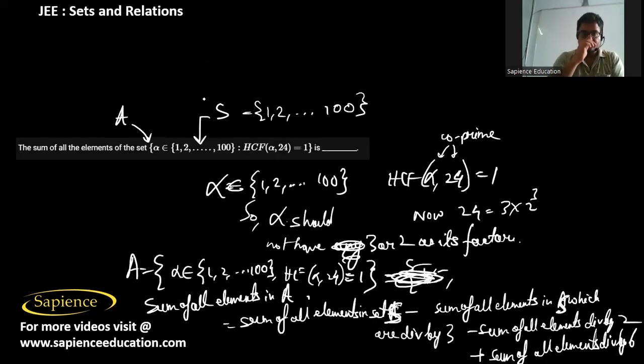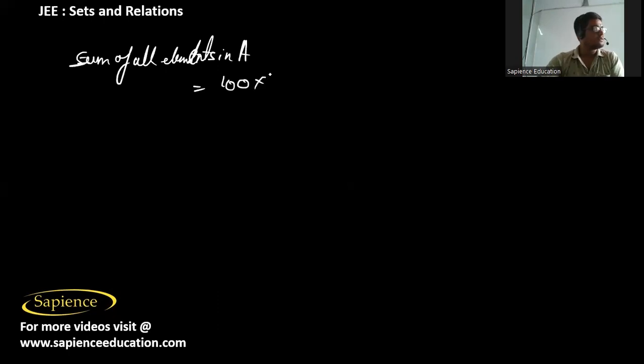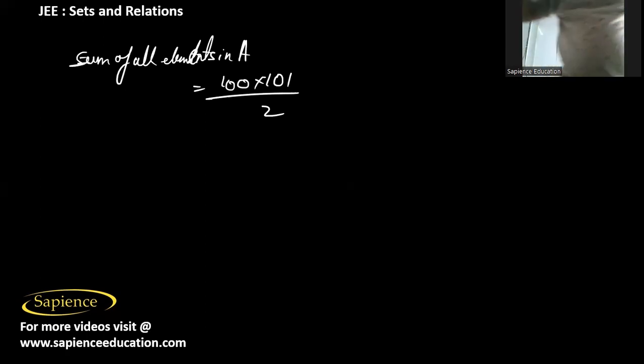Therefore, the sum of all the elements in set A would be equal to the sum of all the elements in the set S. So that is 100 into 101 by 2.